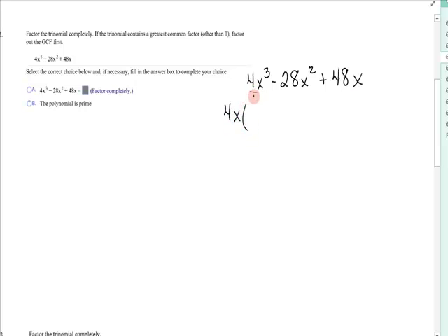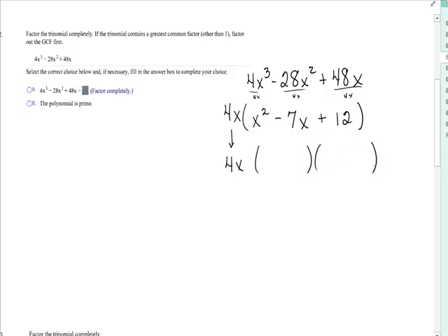All right, if I divide them all by 4x, that leaves me with x squared minus 7x plus, 4 goes in there, 12 times. I may be finished factoring, but then again, this is a trinomial, and now I know how to factor trinomials.